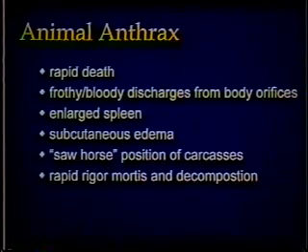The spleen may be enlarged because it has filtered the damaged red blood cells during the process of the disease. There is a rapid rigor mortis and decomposition of the animal, so that in its virulent form, one will see a septicemia.